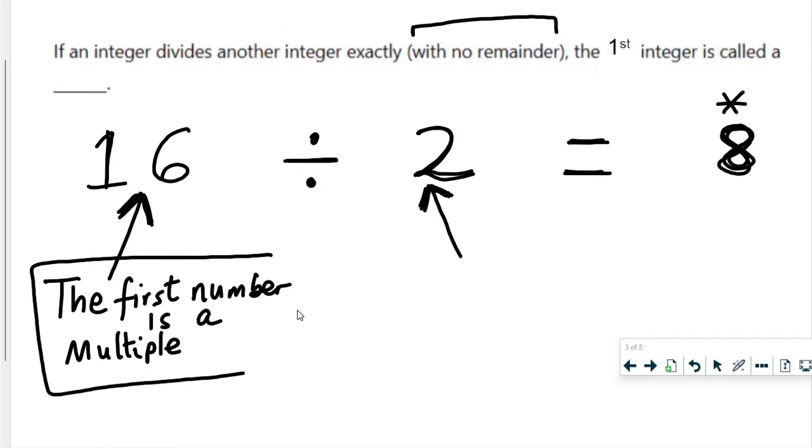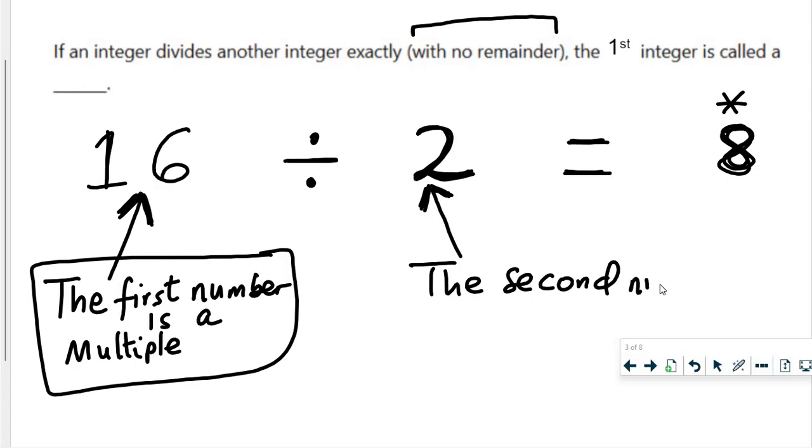This is the first number. The second number, this number which comes second, is a factor.